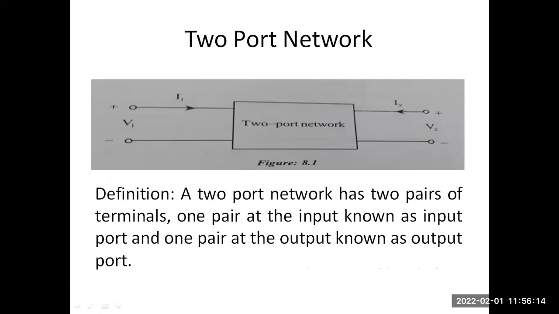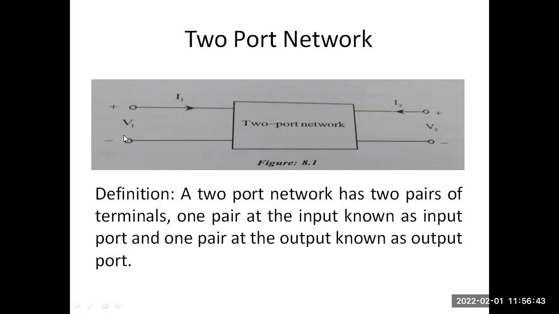So now we come to the two-port network. From the name it is clear that there are two ports. Two ports means there is an input side and an output side. In between, all the network elements are connected, which is basically a black box. From the figure you can see this is your input.